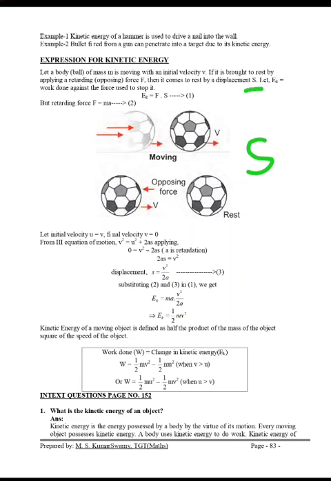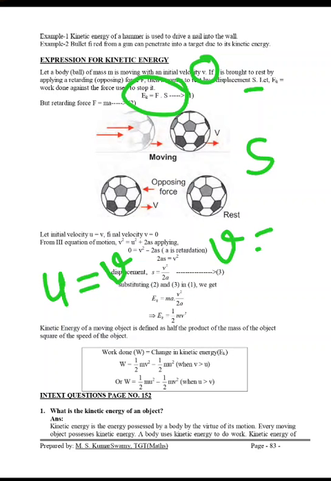And suppose kinetic energy is Ek. We know kinetic energy is nothing but work. So Ek is equal to work. We know work is force into displacement. So F into S. So let initial velocity is u, final velocity is v. Initial velocity u is, as we consider here, is considered by us as v, and final velocity v is equal to 0.